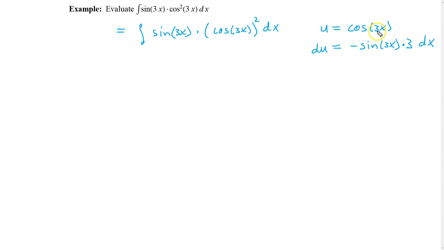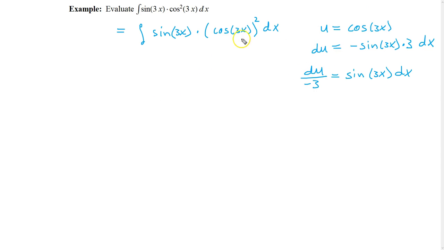We had to differentiate this with respect to the inside 3x term, which is negative sine of 3x, and then we needed to multiply by the derivative of 3x, which is 3. Now we see if we divide the negative 3 under the du, we get. And so now we see that we've recovered this piece of the integral, the sine of 3x times dx. So it looks like this substitution will work.